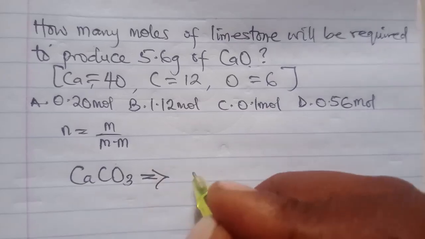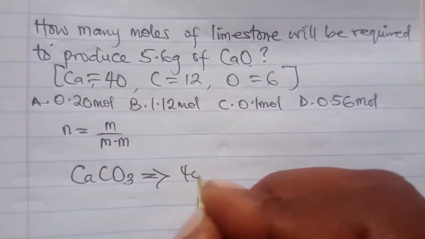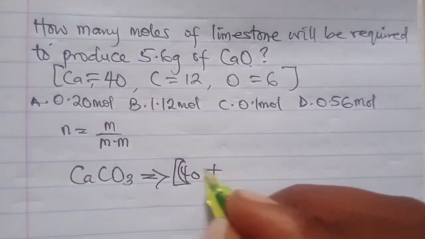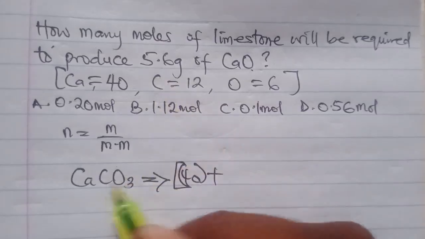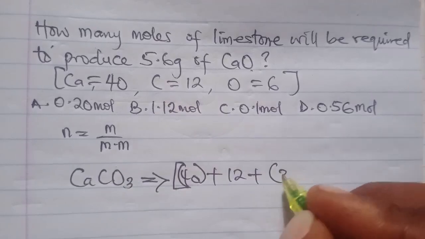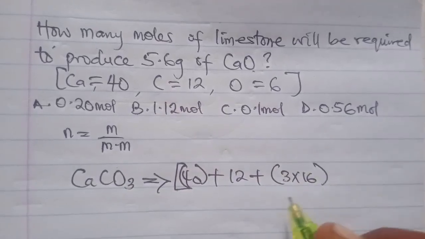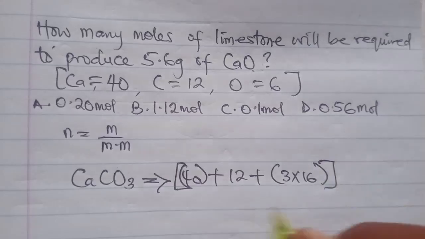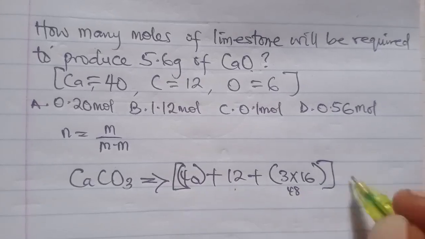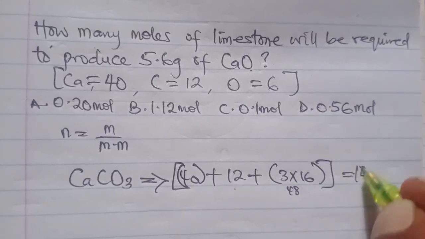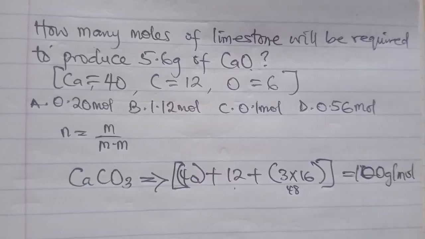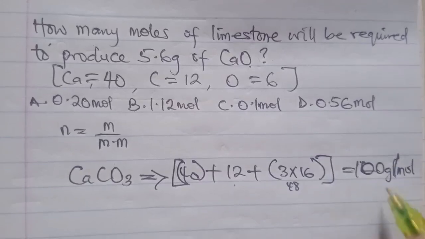Its molar mass: calcium is 40, plus carbon 12, plus oxygen, 3 times 16, which is 48. So 48 plus 12 is 60, plus 40 is 100 grams per mole.